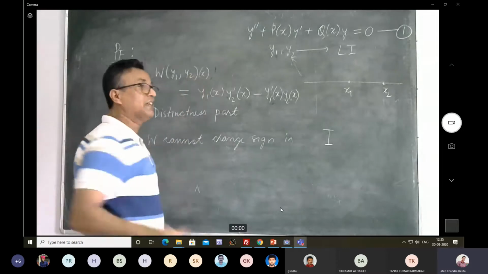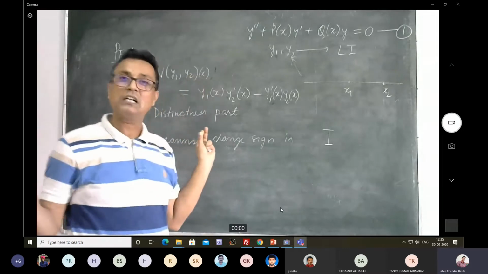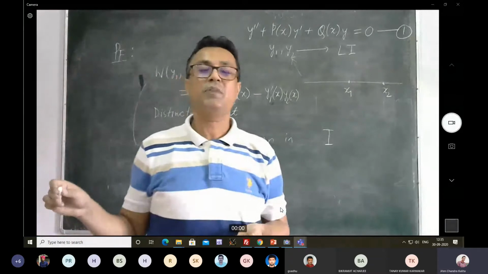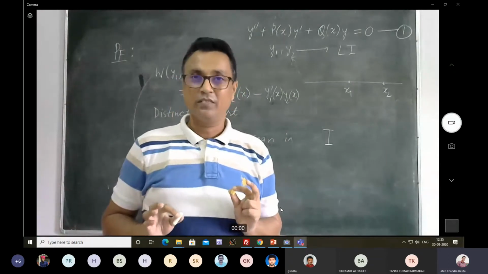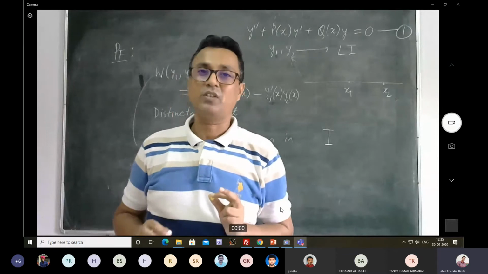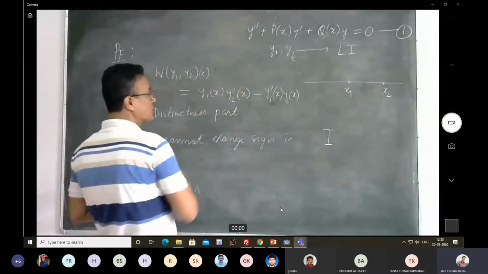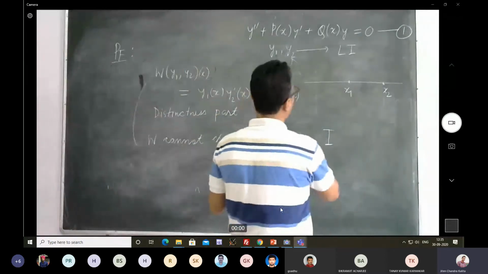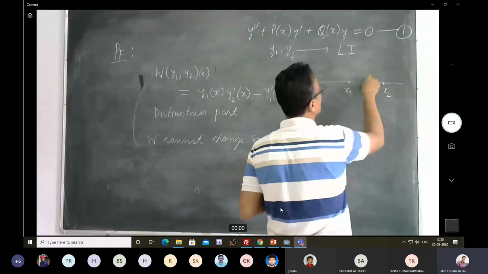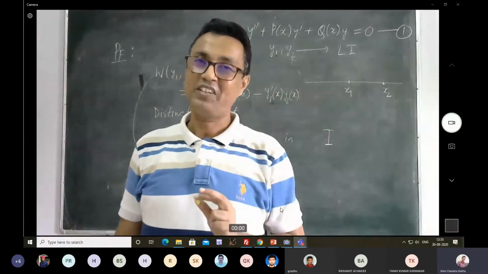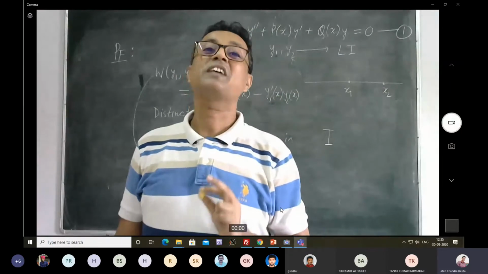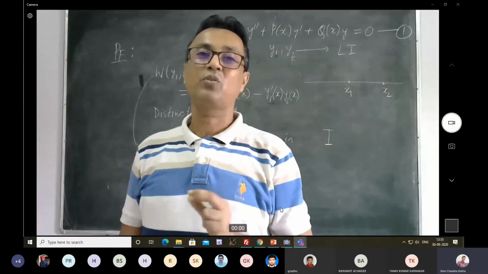And because y1 and y2 are linearly independent solutions, the Wronskian cannot become 0. So if the Wronskian changes sign in this interval, then by the intermediate value theorem it has to be 0 somewhere, which cannot be, because we have already proved that.